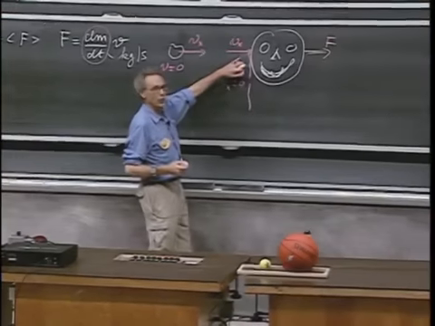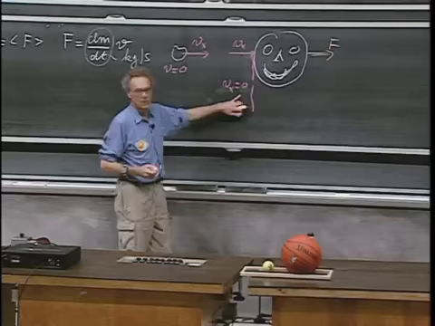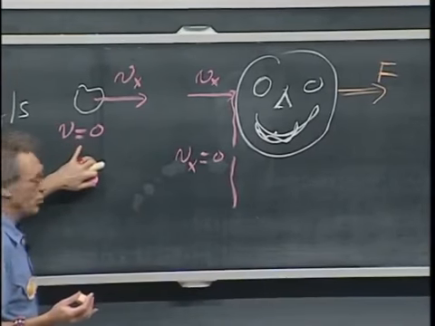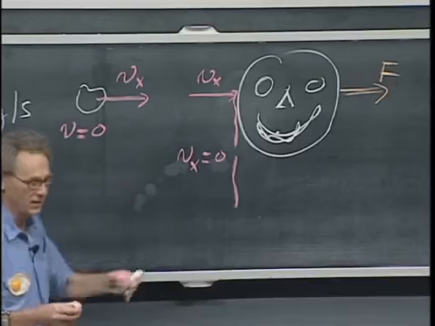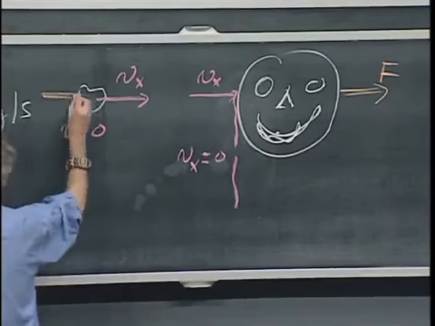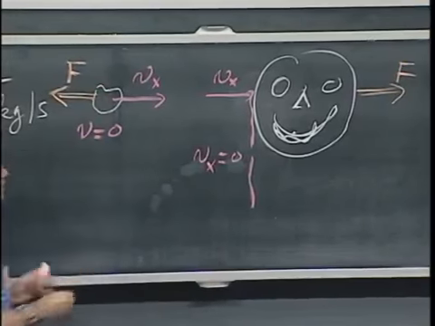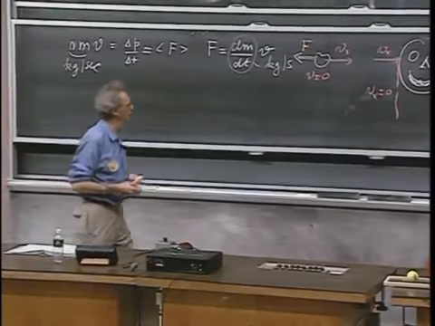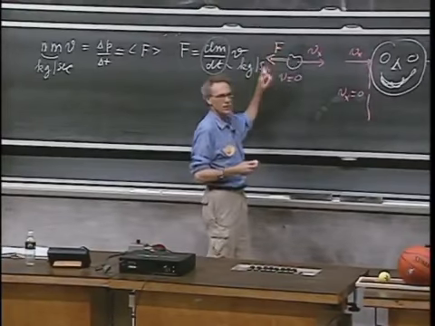Here, the velocity goes from vx to 0. But I, throwing the tomatoes, have to increase the velocity from 0 to vx. So for obvious reasons, I must then feel a force in this direction. Think of it as a recoil when you fire a bullet. So I experience exactly the same force, but in this direction.